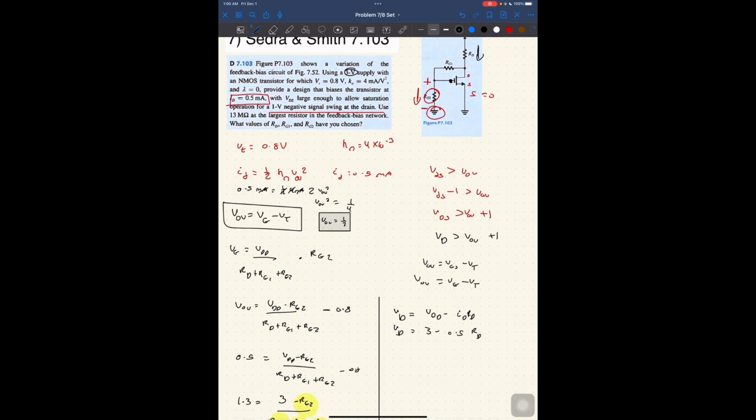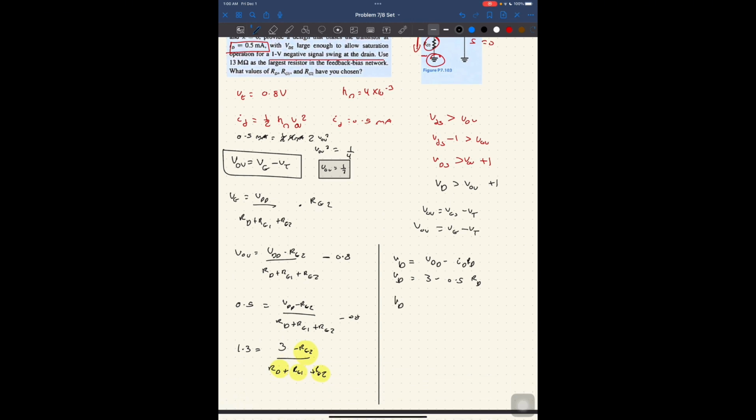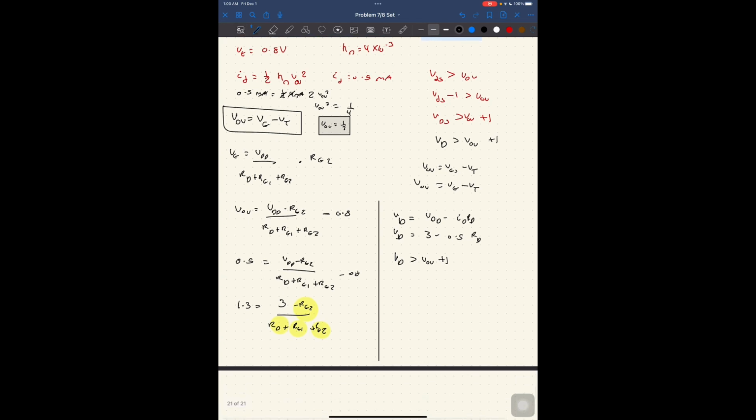And so, with the understanding that VD has to be greater than VOV plus 1, one can say that VD is 3 minus 0.5 RD.